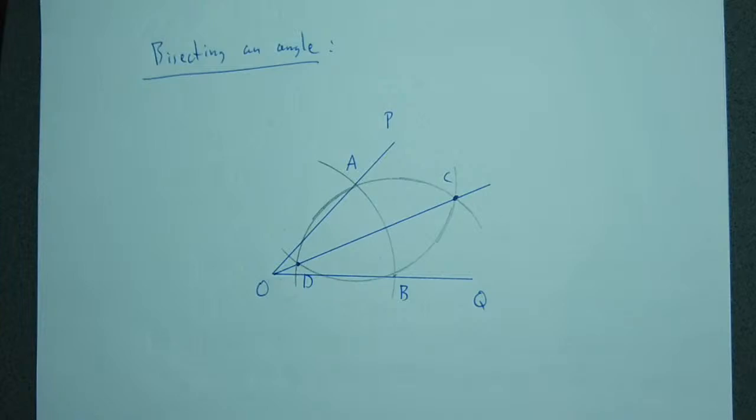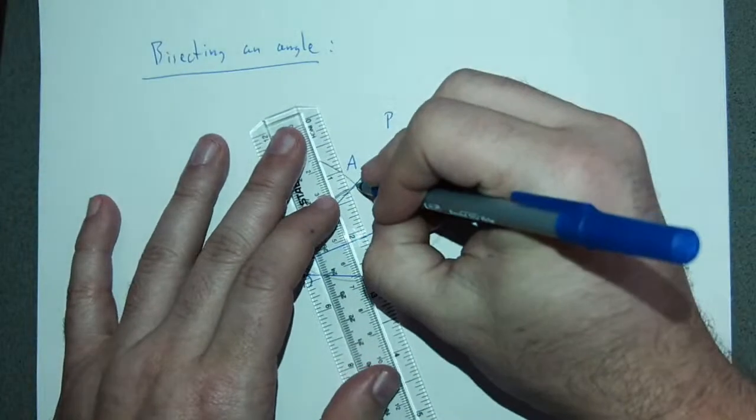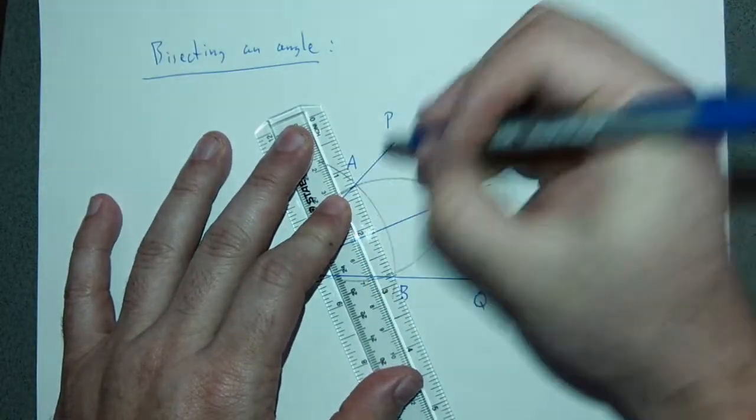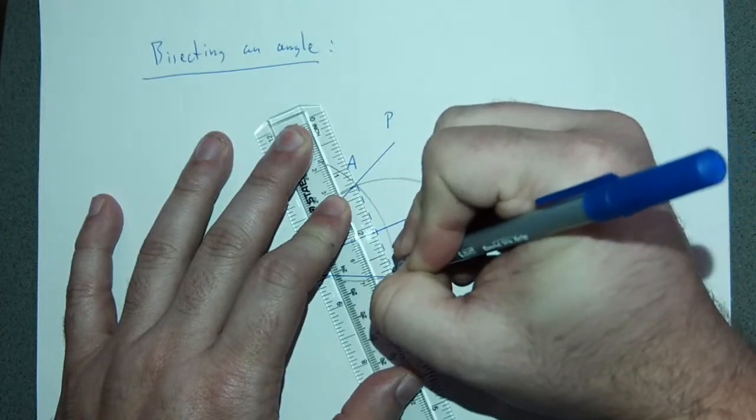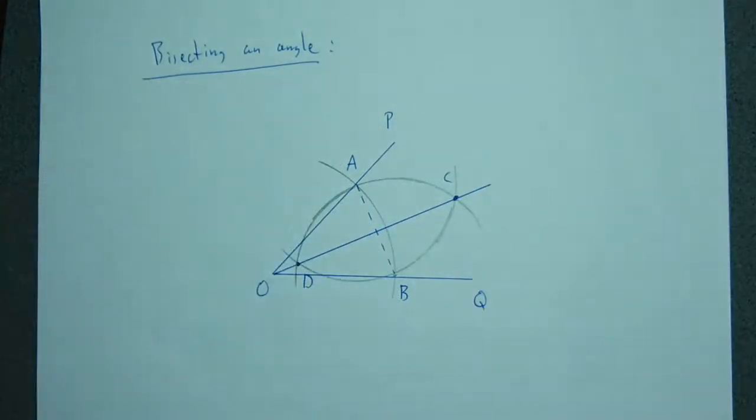Okay. So, as I said, note this is very similar to the construction of the bisection of that line segment AB.